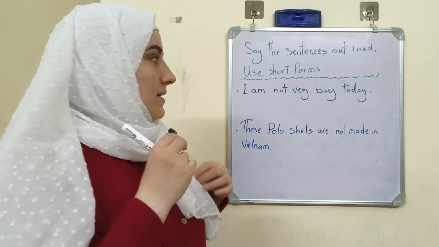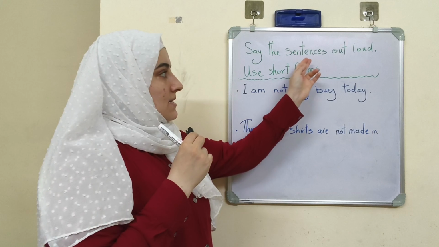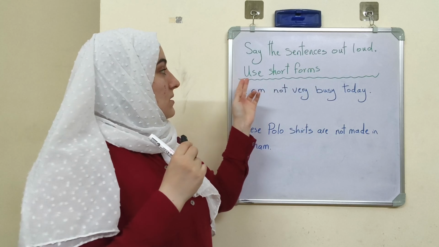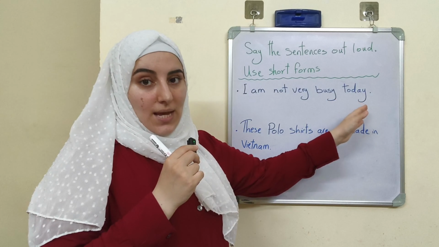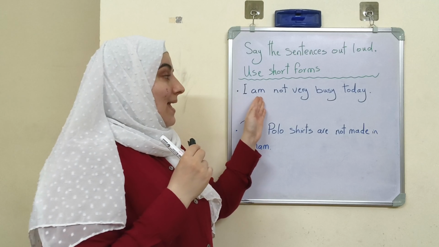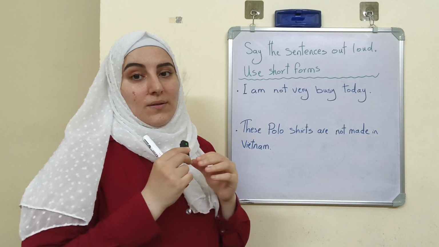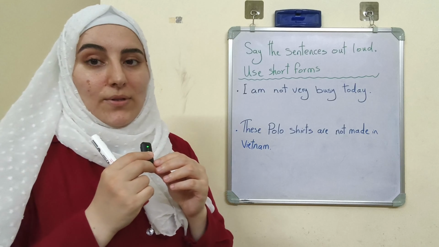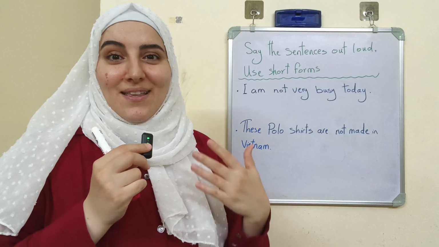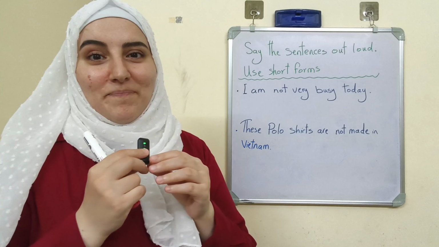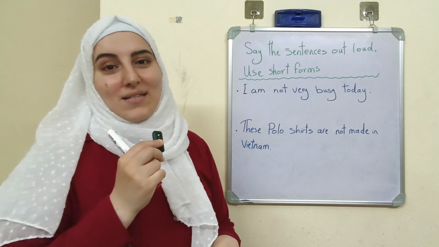Now we have an exercise. Say the sentences out loud. Use short forms, which means contracted forms. I am not very busy today. I am not. Think about it. I'd like to give you some time so that you can think about how to do this exercise.